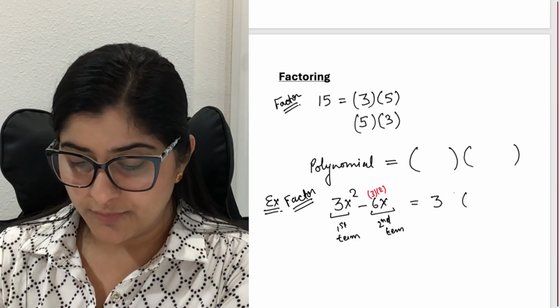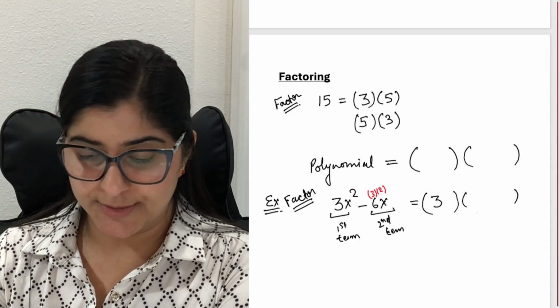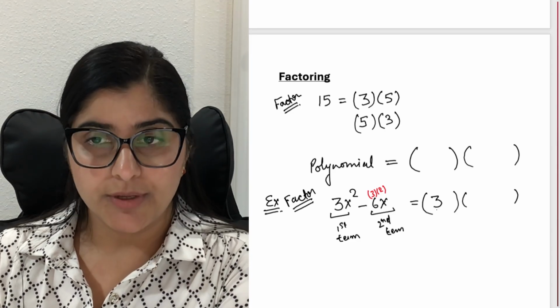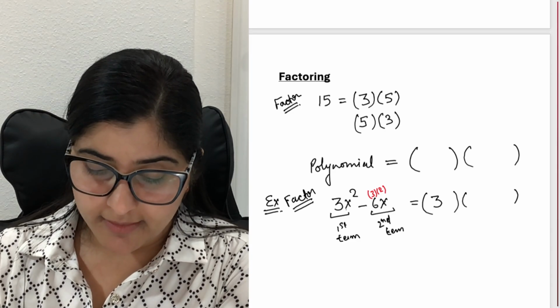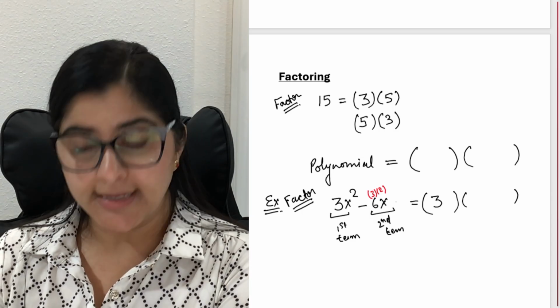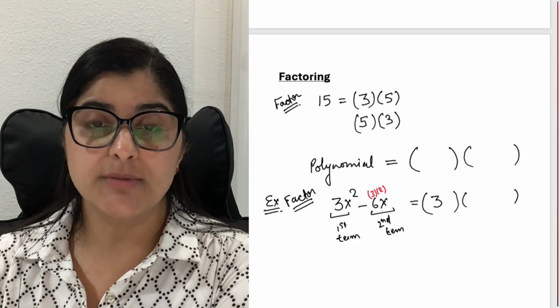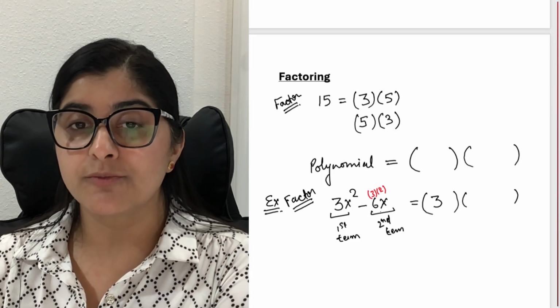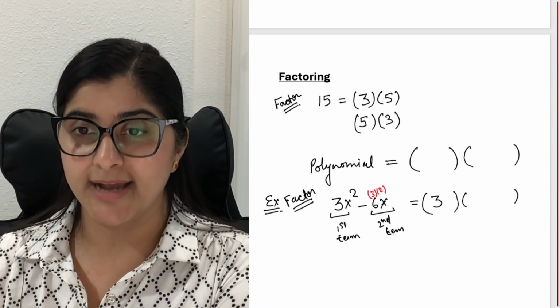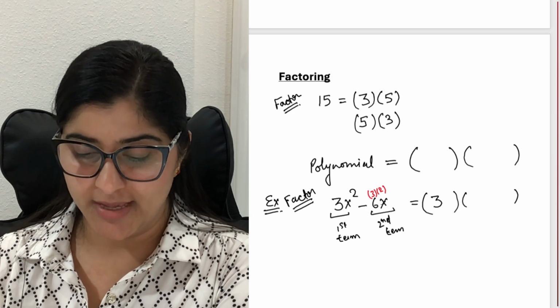So we are going to write two brackets. We write 3 here. So what else is common? The first term has 2 copies of x, the second term has only 1 copy of x. So how many maximum copies can we borrow? We can borrow the same number of copies from each term.